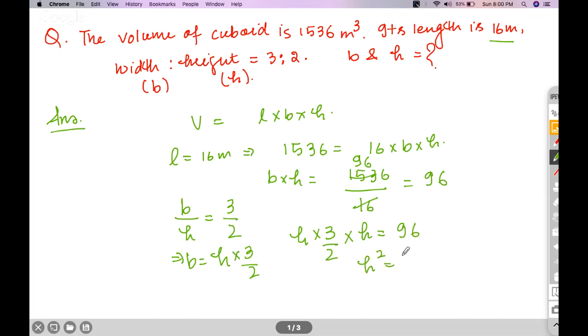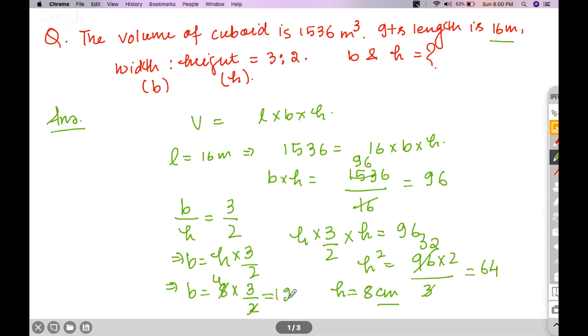So H square is equal to 96 into 2 divided by 3, and this gives me 32 into 2, 64. H square is 64, so H is equal to 8 meter. If H is equal to 8, B is equal to 8 into 3 by 2, which is 4 into 3, 12 meters. So this is what your answer is.